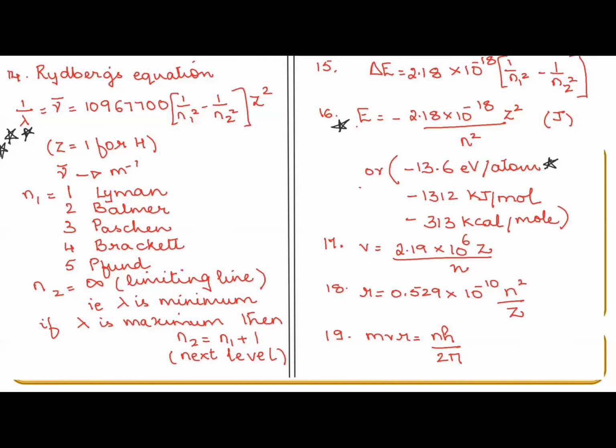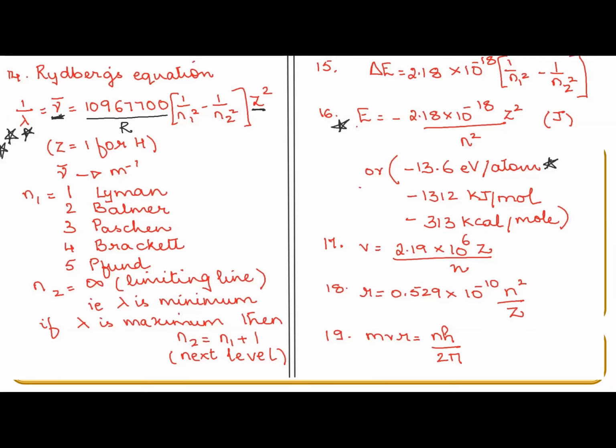So this is the Rydberg equation: ν bar, the wave number, equal to, don't write lambda equal to, ν bar is 1 by lambda, don't forget. So ν bar or 1 by lambda equal to, this number is called the Rydberg constant R, times 1 by n1 square minus 1 by n2 square. And then we also have here Z square.